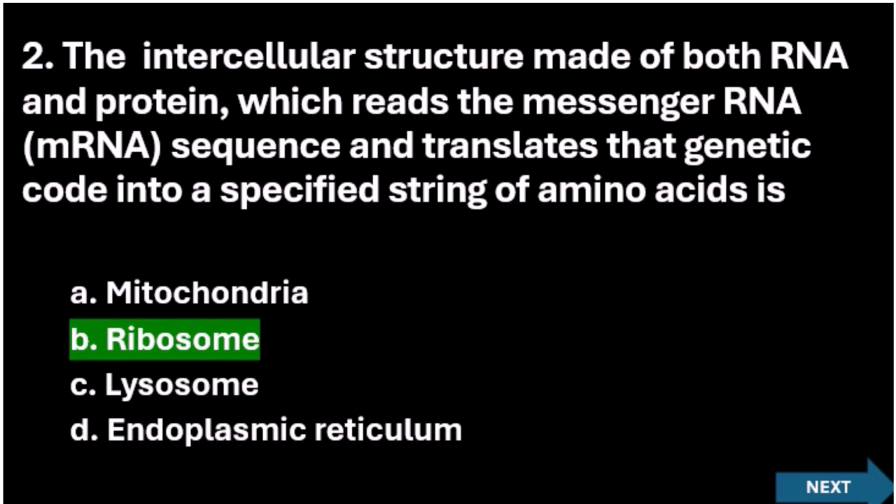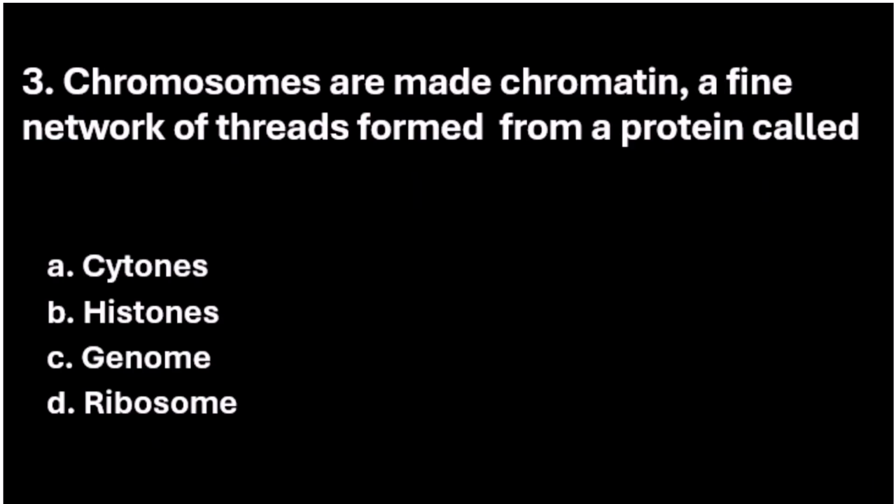Next question. Chromosomes are made of chromatin, a fine network of threads formed from a protein called option A, cytones, option B, histones, option C, genomes, and option D, ribosomes. Let us see the right answer. The right answer is option B, histones.